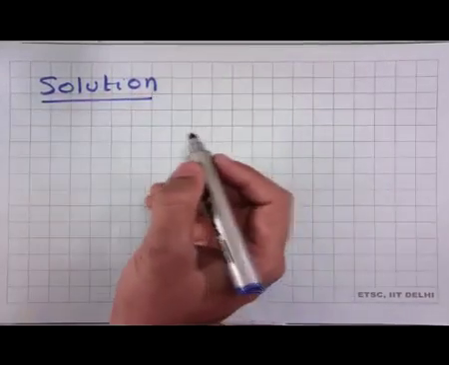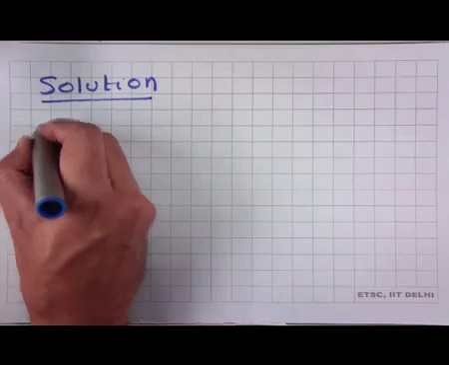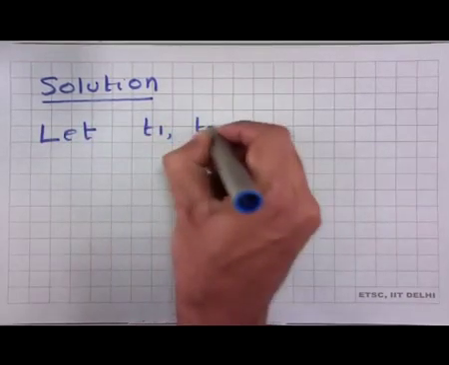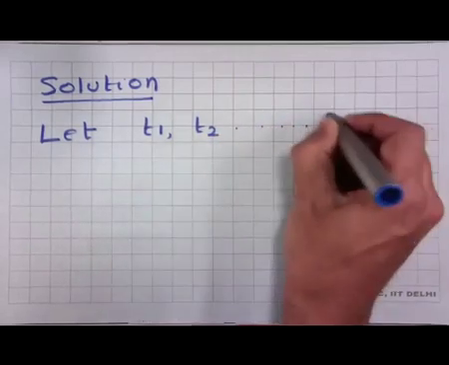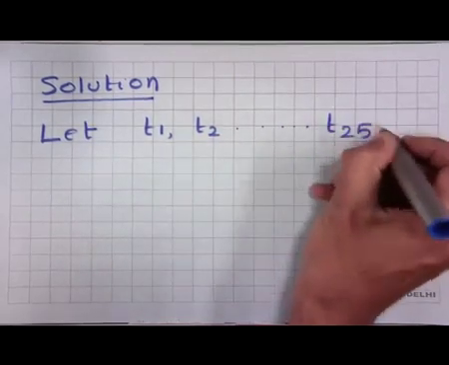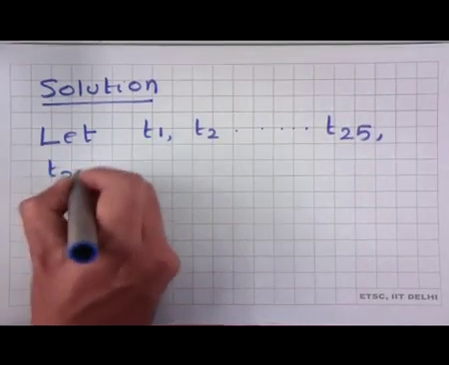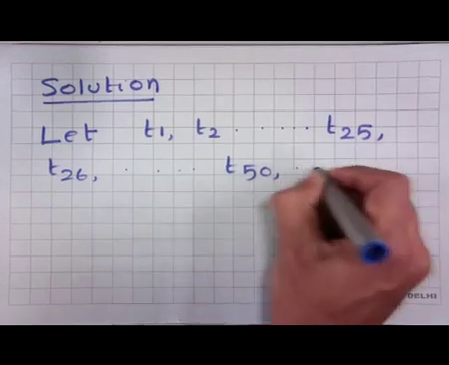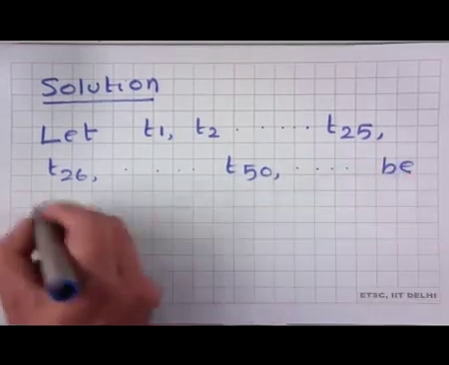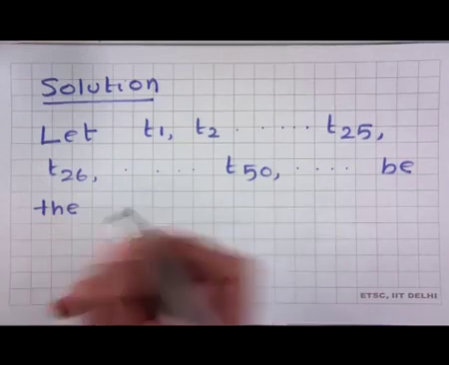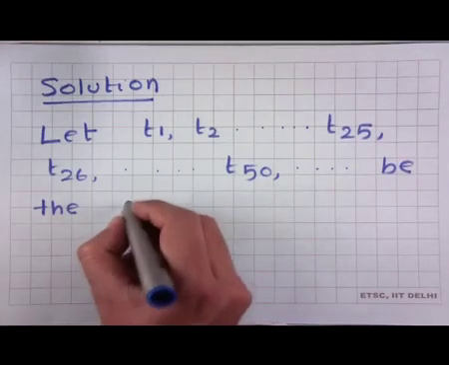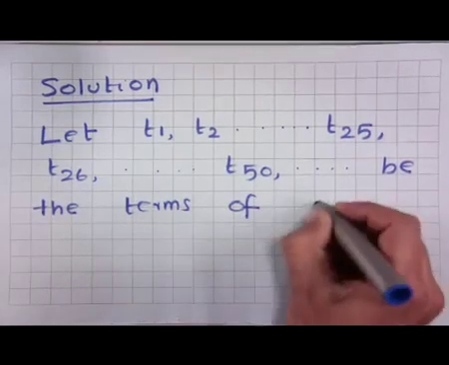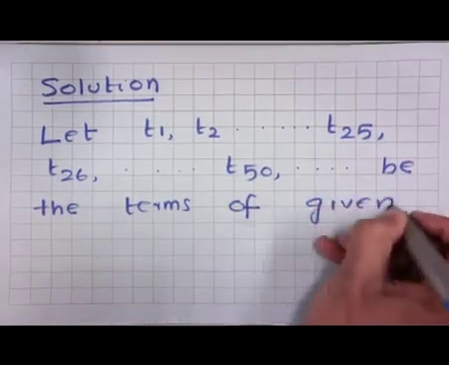Let T1, T2, etc., T25, T26, etc., T50, etc., be the terms of the given arithmetic progression.